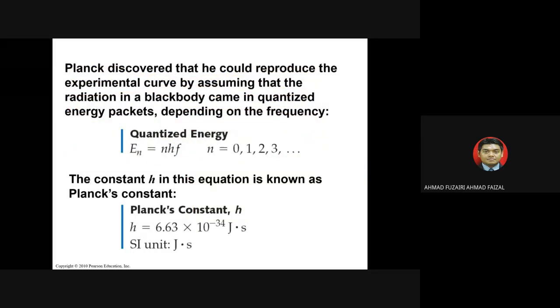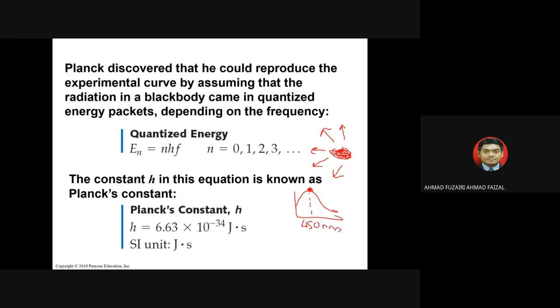Now, say for example, you have a black body, and this black body gives off radiation. Now, let's say the radiation given off has this curve whereby the peak frequency or the peak wavelength is at 450 nanometer, which is the blue light.